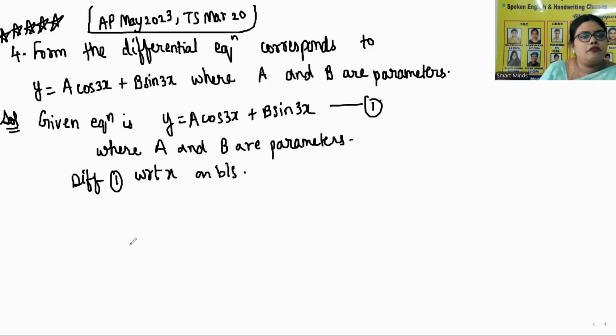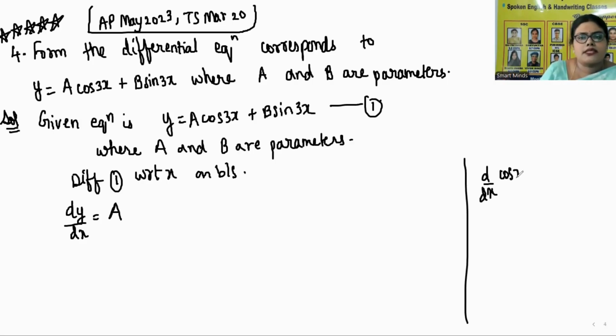The derivative of y is dy/dx. a is a constant, I will write it as it is. Here I will write down the derivatives: the derivative of cos x is −sin x and the derivative of sin x is cos x.